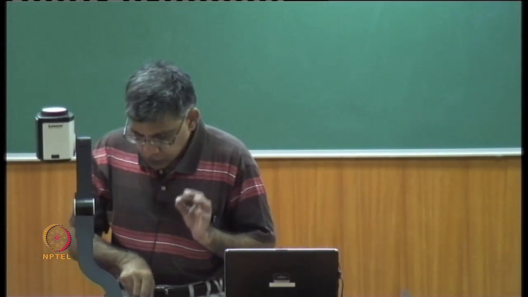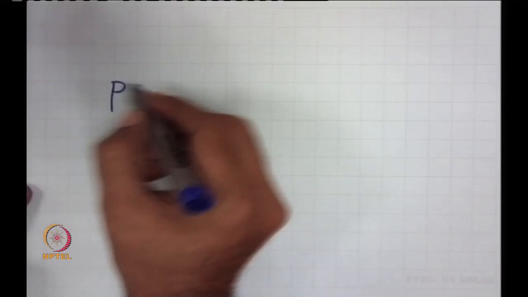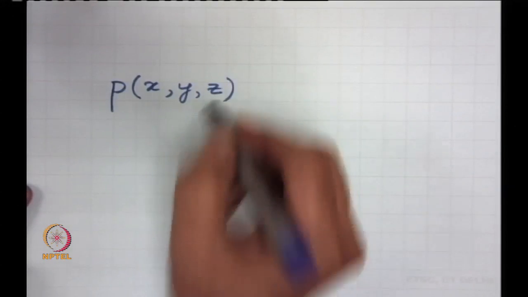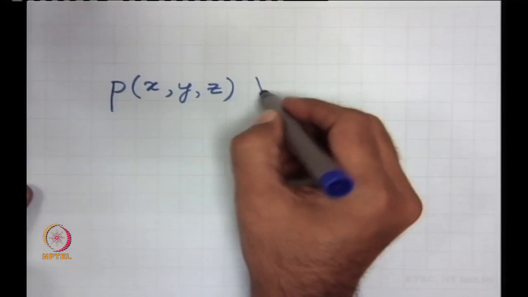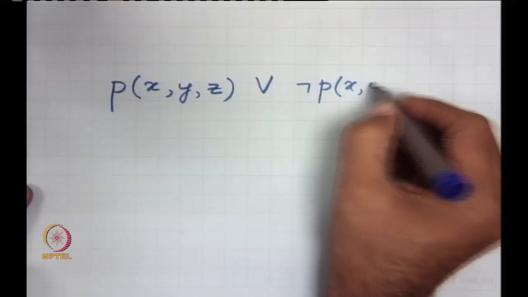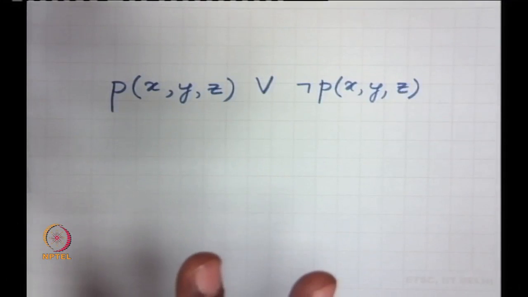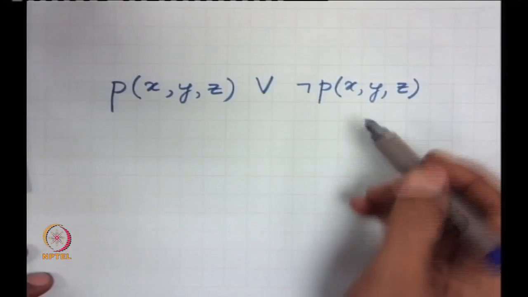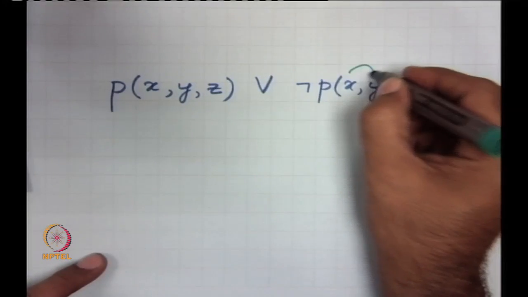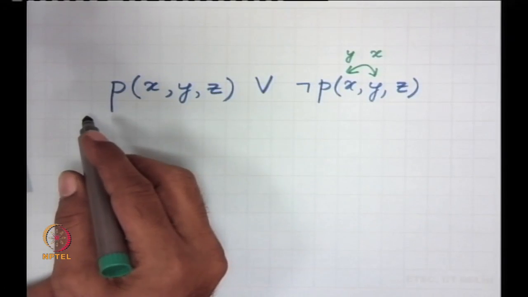So in particular, what we are saying is, if I have some predicate of three variables, then this is a tautology where the three variables occur in exactly the same places in both cases. So, for example, you cannot just exchange these variables and claim that this is a tautology, right.